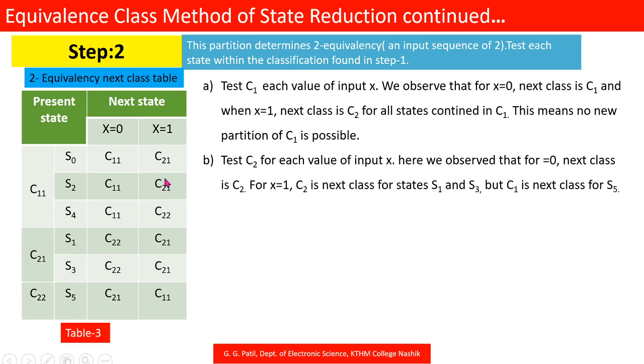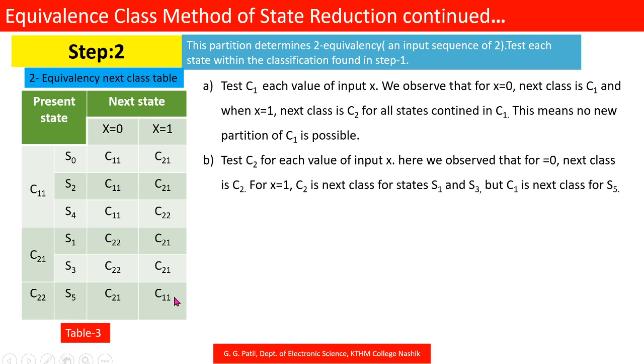Whenever there is S0, S2 or S4 in this column, we replace them by C11. If there is S1 or S3, we replace them by C21, and if there is S5, we replace it by C22. Accordingly we make the entries in these columns.